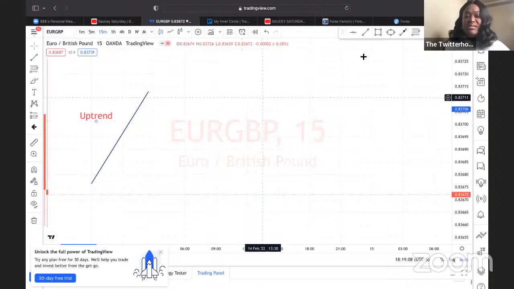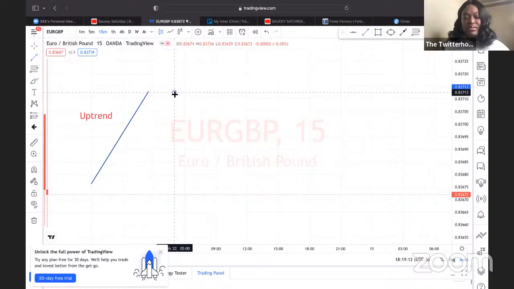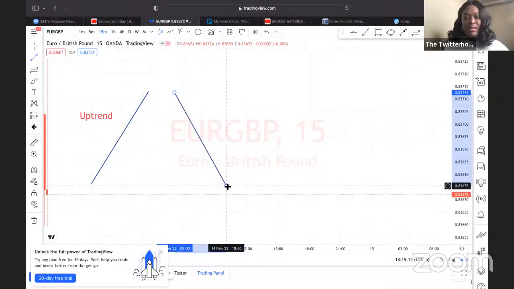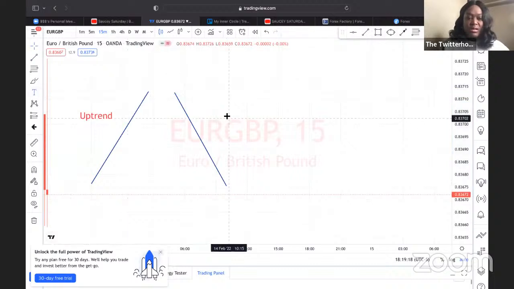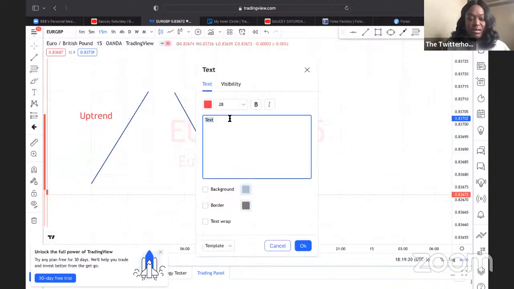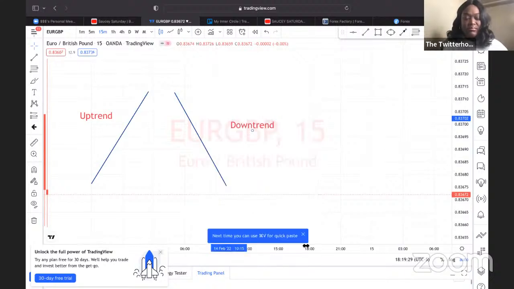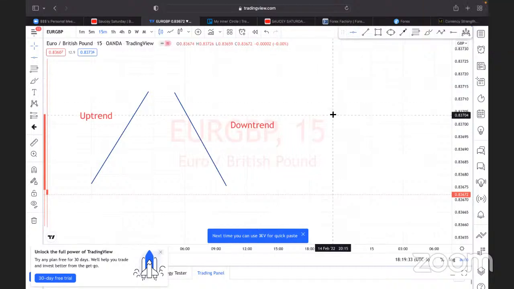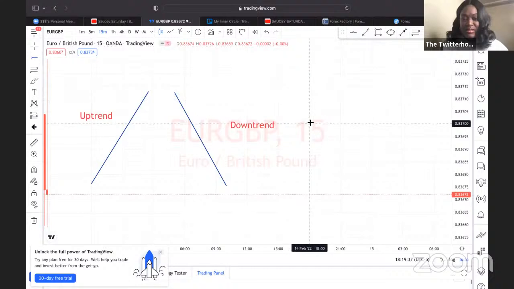When price is moving down, it's a downtrend. But then price also can move sideways.